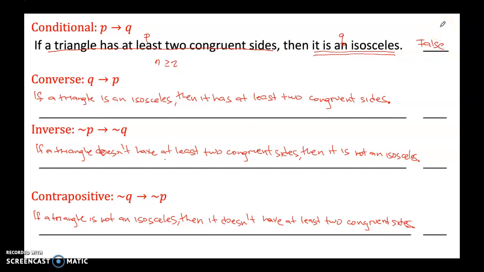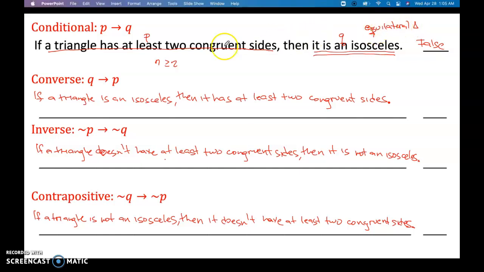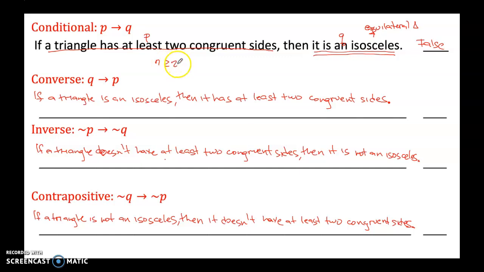Why false? Our counterexample for that is the equilateral triangle, because an equilateral triangle also has at least two congruent sides. In fact, we have three congruent sides for equilateral, but it satisfies the at least two congruent sides. So our counterexample is the equilateral triangle.